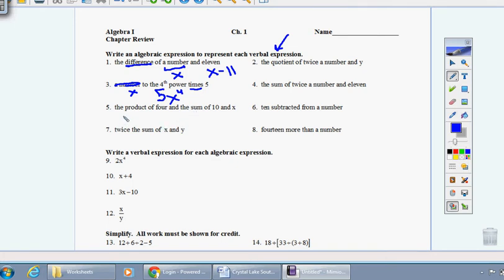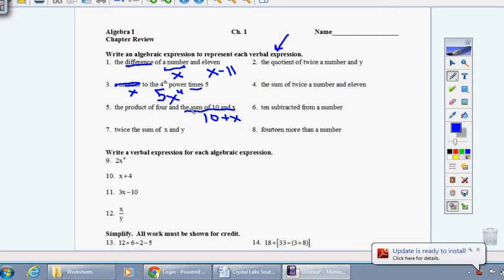Number 5 says the product of 4 and the sum of 10 and x. That's kind of a tricky one, so let's walk through this. When it says the sum of 10 and x, well, we know the sum of 10 and x means 10 plus x. So what does it mean when it says the product of 4 and the sum of 10 and x?